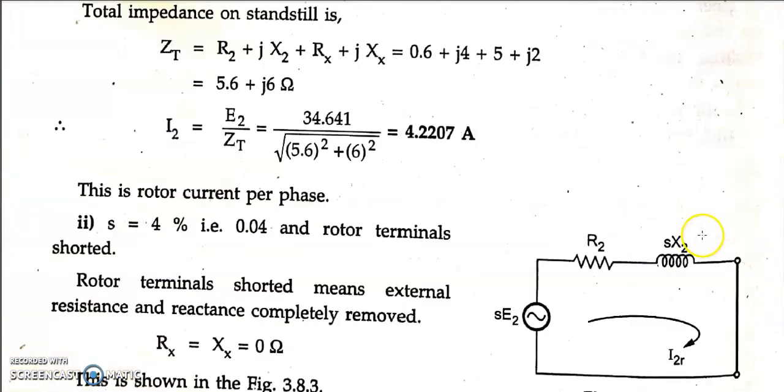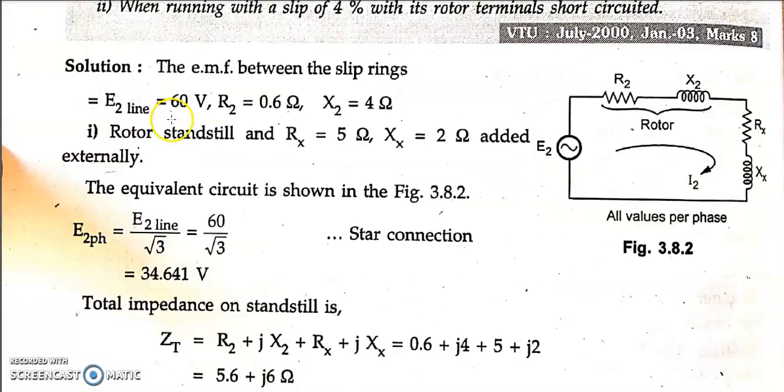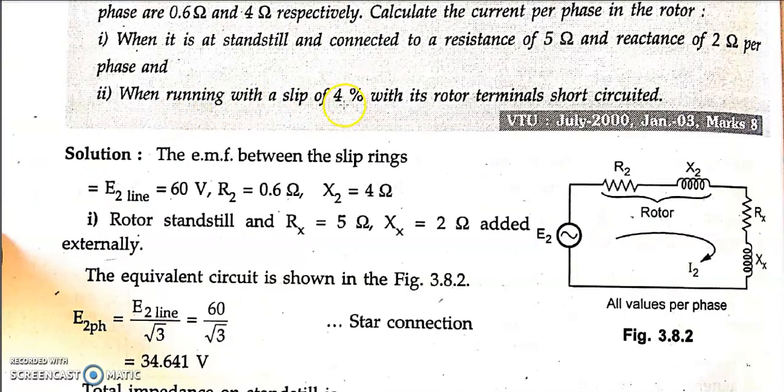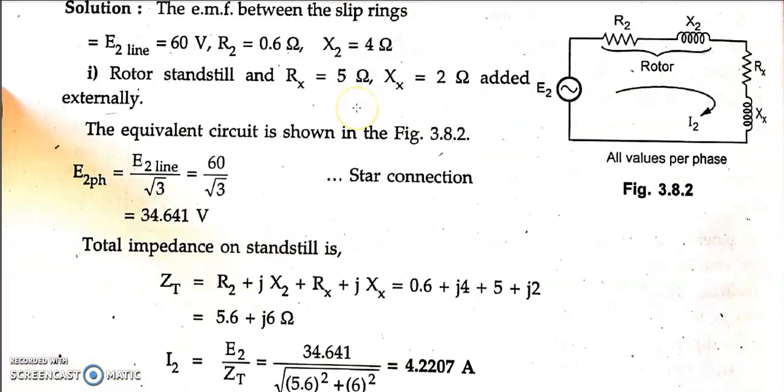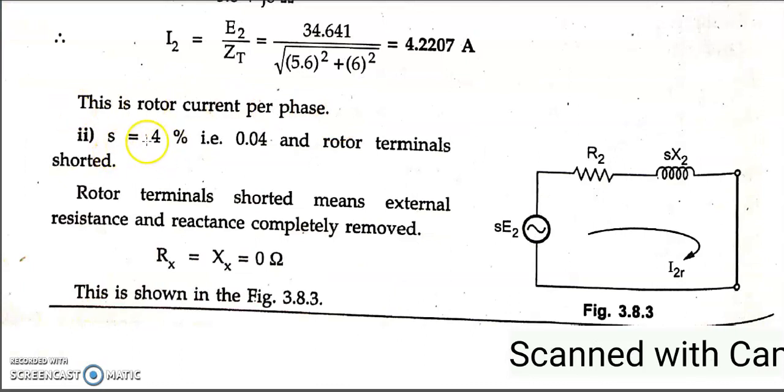So I'm going to short it without any Rx or Xs. Again, one parameter they have given here: slip is 4% during running condition. Slip will come into the picture only during running. During standstill, slip will be 1. Remember that, S is always 1 at standstill. So here, in the running condition, it is 4% slip, and the value will be 0.04 if you remove the percentage.